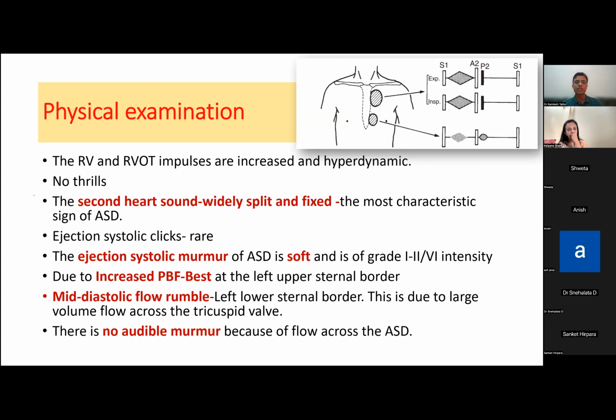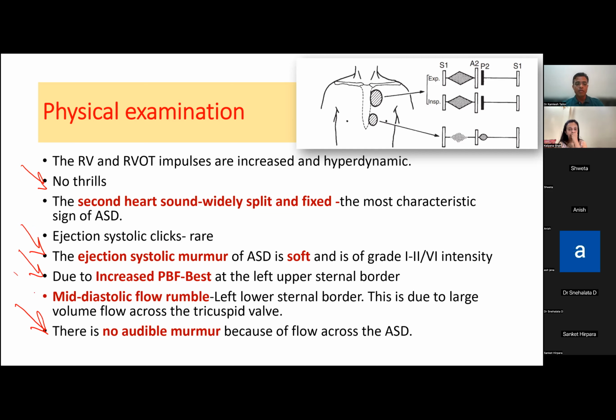Regarding the physical examination, RV and RVOT pulses are increased and hyperdynamic because there is increased blood flow from the RV to the pulmonary circuits. There will not be a thrill. There will not be an audible murmur because of the ASD, because the flow gradient between LA pressure and RA pressure is not very high, and that is why there will be a very soft murmur which will not be audible on stethoscope. But there is an ejection systolic murmur which is soft and low intensity, because of increased pulmonary blood flow.